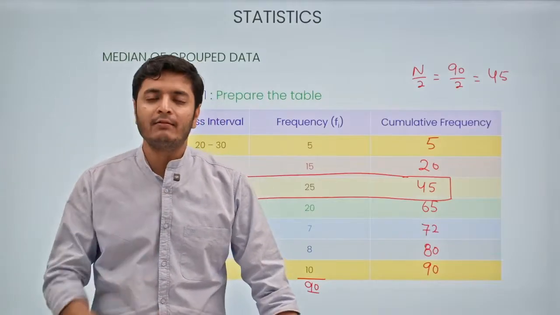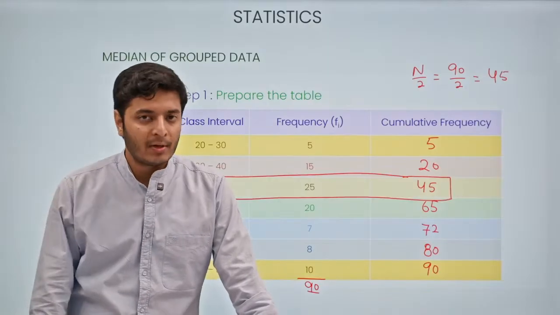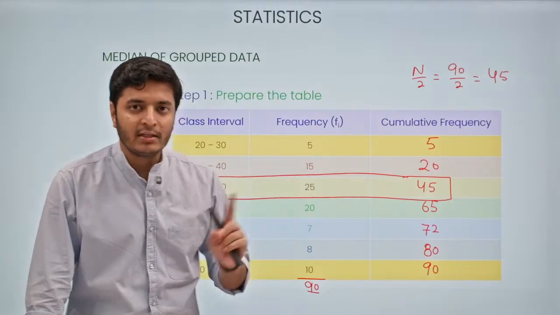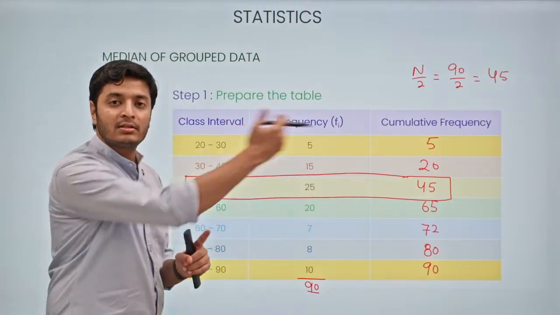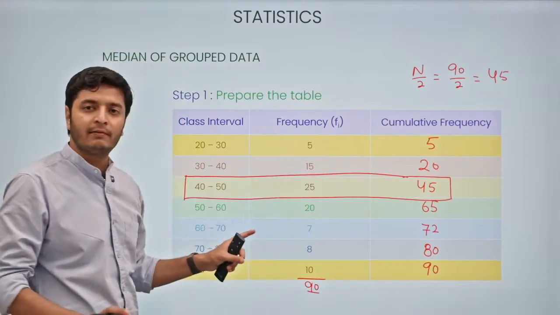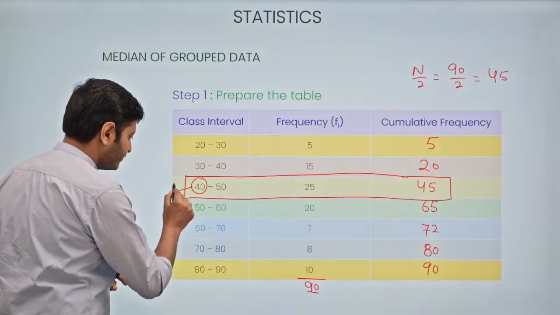So we cannot consider the upper class limit, we can only consider the lower class limit. That's why in the formula it is given as L plus some other values, so that the final value is between 40 and 50. Correct? So now 40 is our L value.